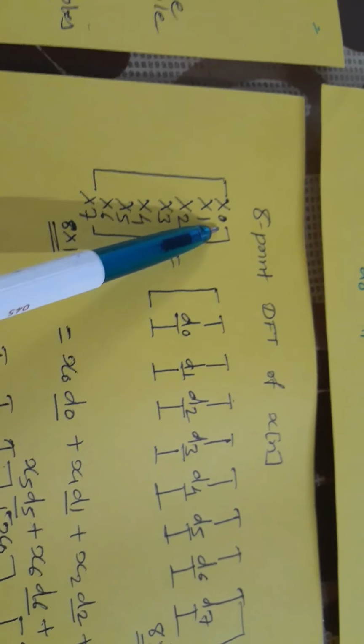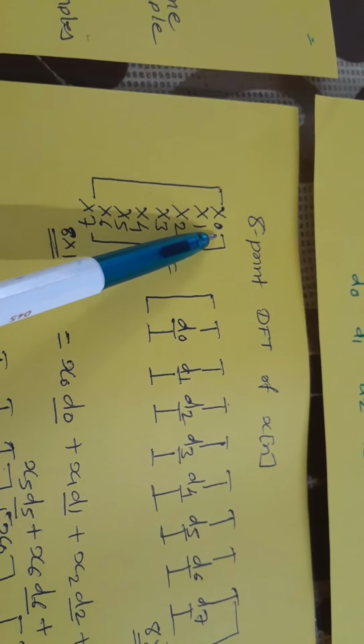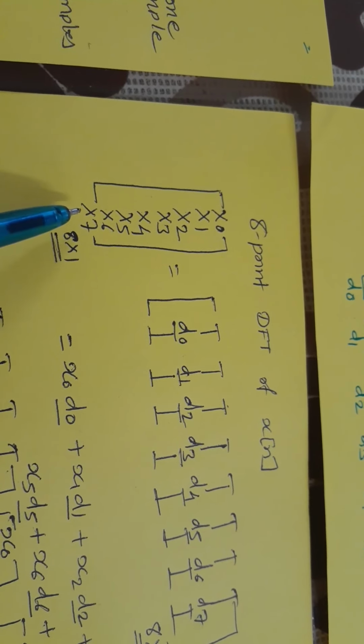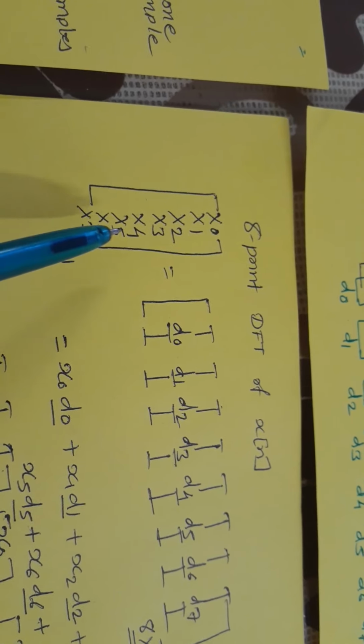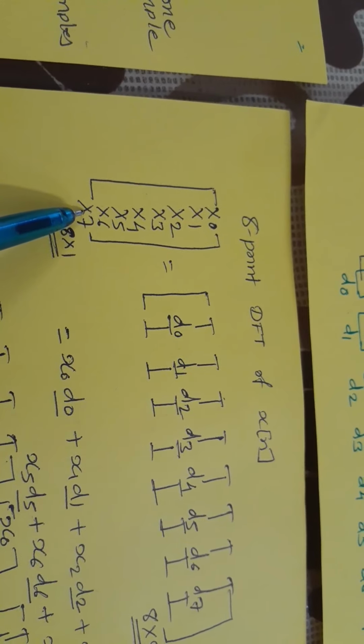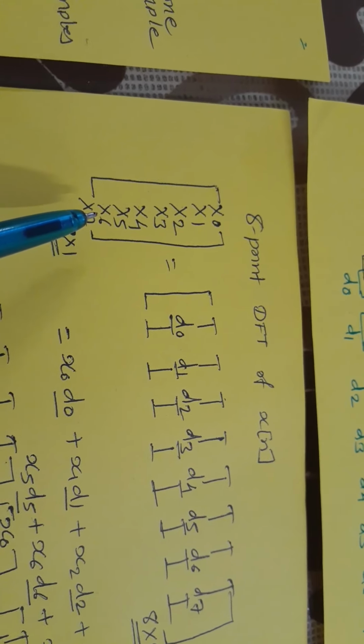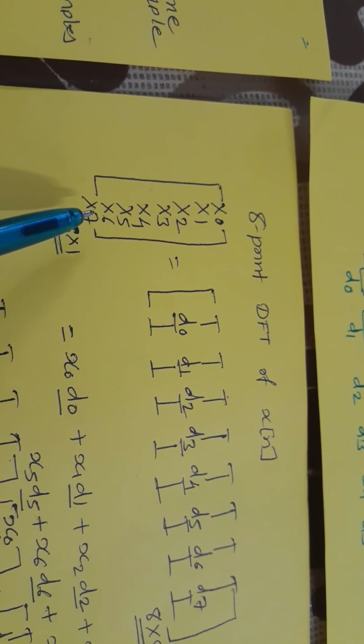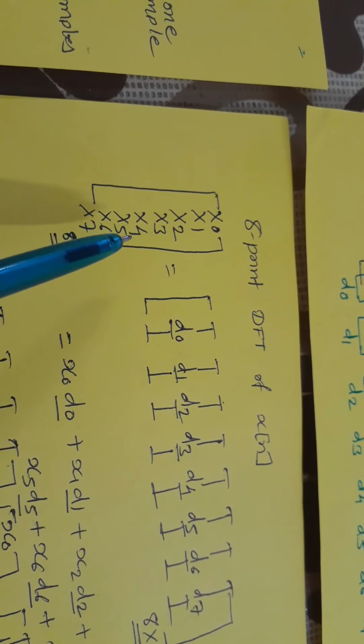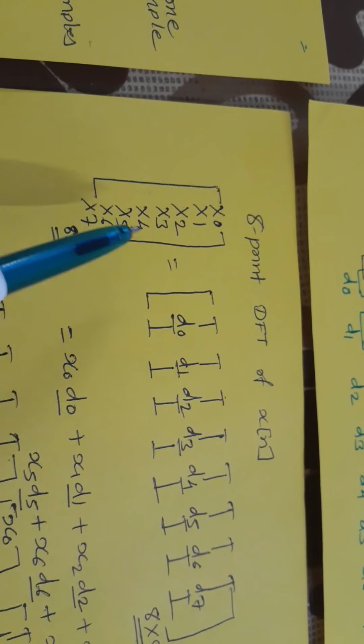Each entry is designated as x0, x1, x2, and so forth up to x7. So there are 8 elements in this column vector, the DFT vector, or you can say the 8 DFT values.